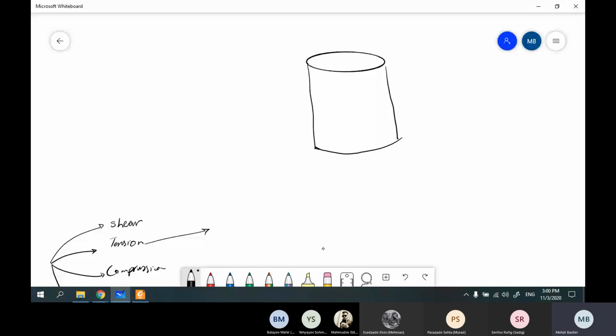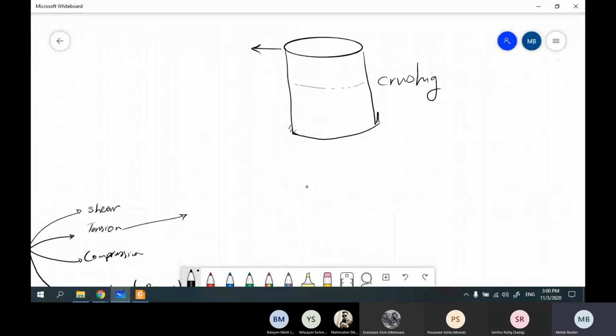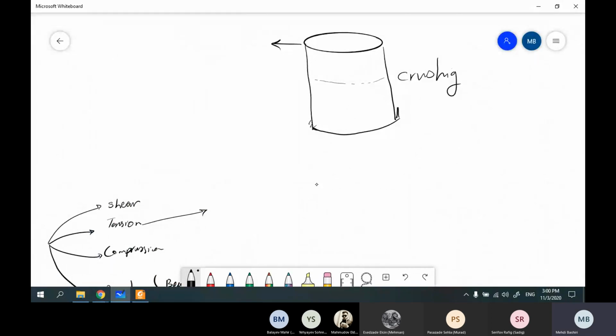For example, in one situation you may have crashing. Sometimes we have failures here. When we apply, for example, this type of loading or lateral loading, we may have crashing here. Sometimes we may have different conditions. If we want to design a member safely, we have to find these failures and make ourselves ready for these types of failures.